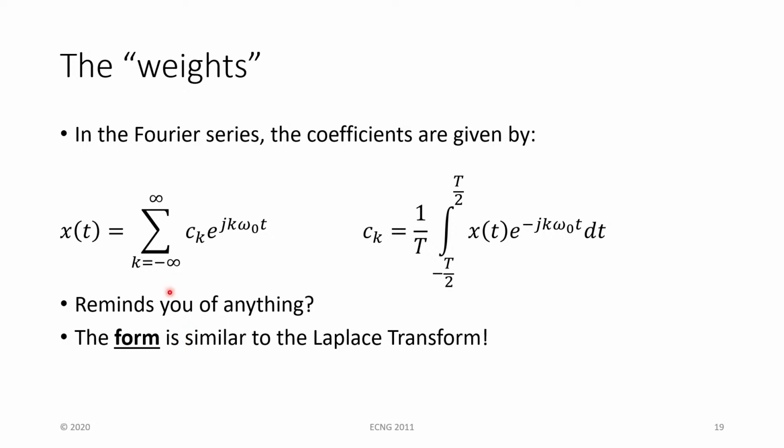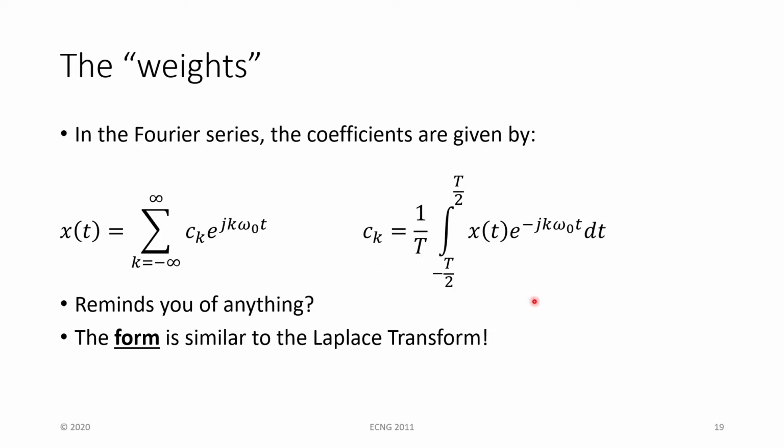So we had our complex exponential form here, but we also need an equation to solve for c_k, which is going to be our amplitudes for each one of those harmonics. The c_k equation is given by 1 over T times the integral from negative T over 2 to T over 2 of x of t e^(-j k omega naught t) dt.